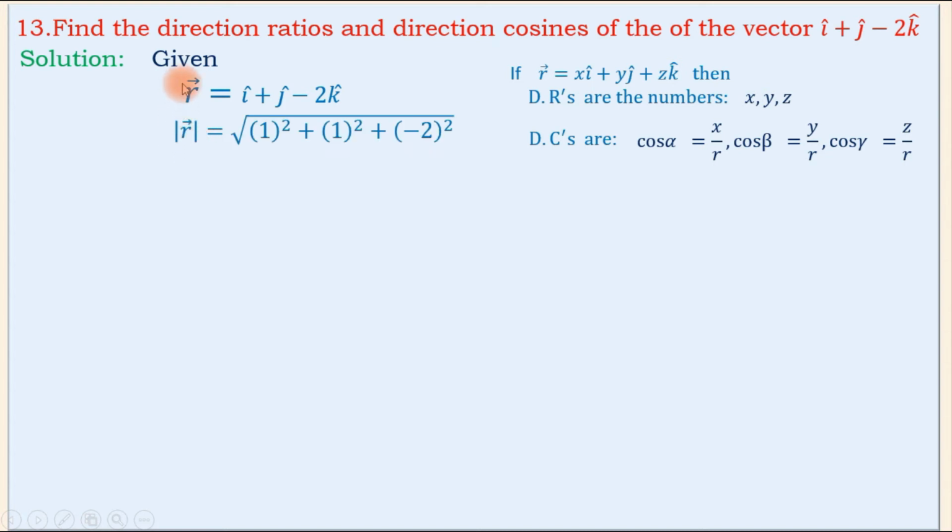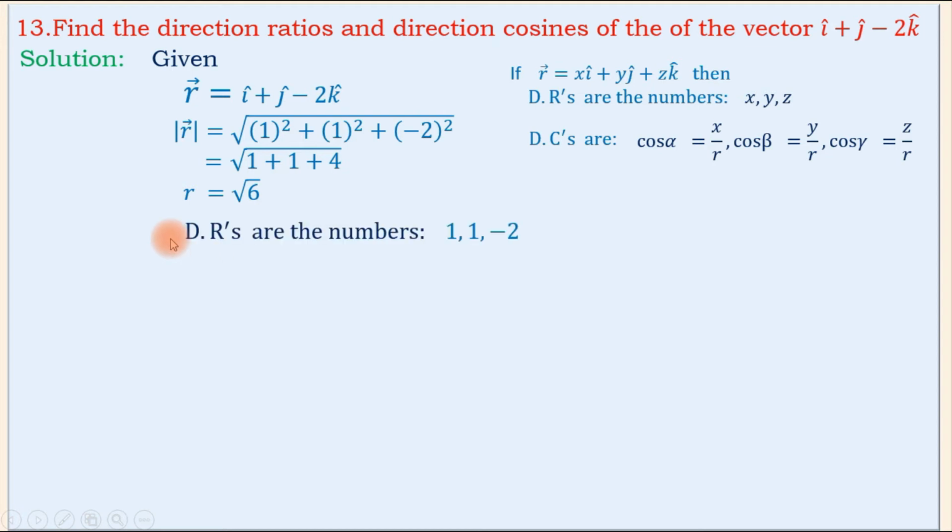So magnitude of vector r equals square root of 1 square plus 1 square plus minus 2 square, that is magnitude of vector r, that is the scalar r, equals root 6. Now direction ratios of given vector. So the scalar components 1, 1, minus 2 are direction ratios.